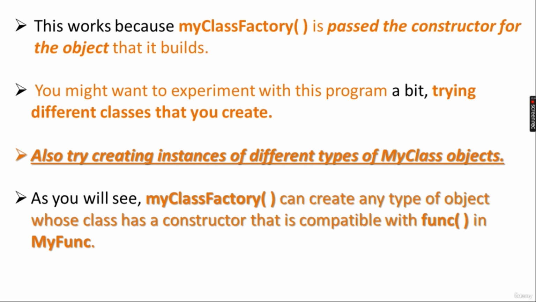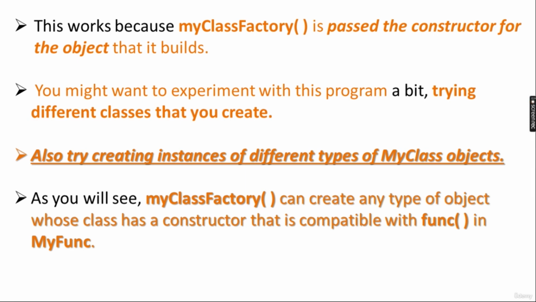My class factory is passed the constructor for the object that it fits. Now you can experiment with this program a bit, trying different classes that you can create. You can create many more classes to experiment with this program. Also try creating instances or objects of different types of my class object.